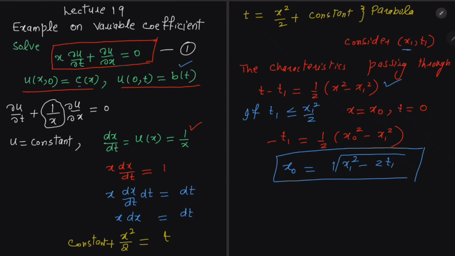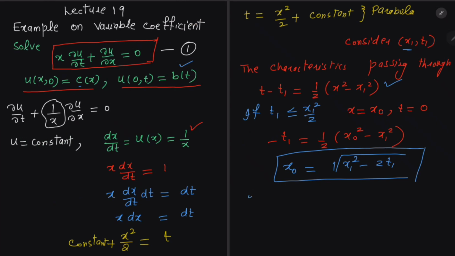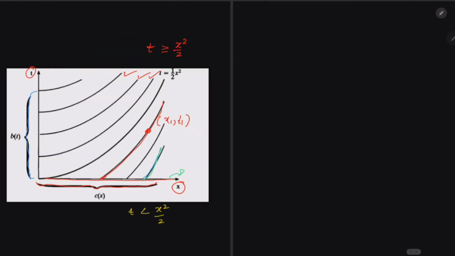Now the second situation is if t1 is greater than x1 squared by 2. Suppose we have a point over here, x1 comma t1, then this t1 will be greater than half x squared.